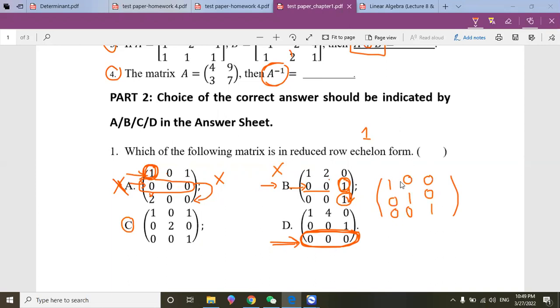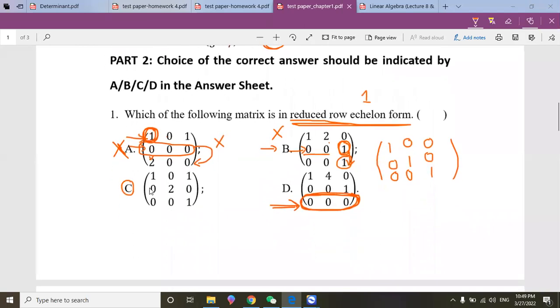That is called RREF, or reduced row echelon form. So let's see here. The first pivot point is here, and all the entries below this pivot point are also 0. The second pivot point is here, but it is not 1, right? It is 2. That means it is also not RREF.